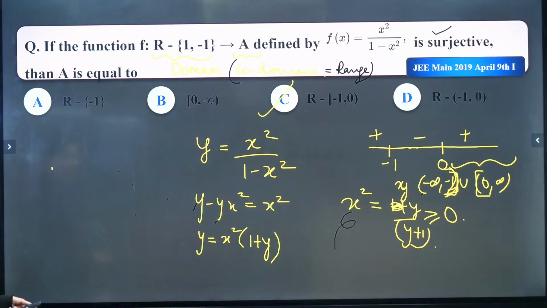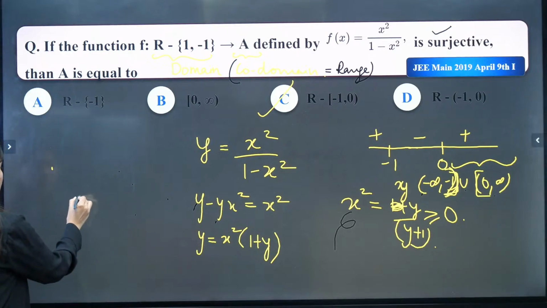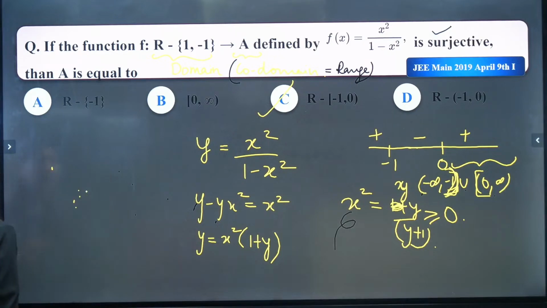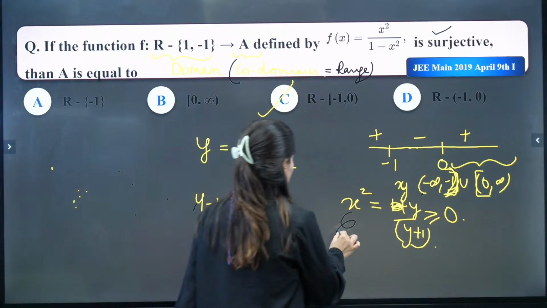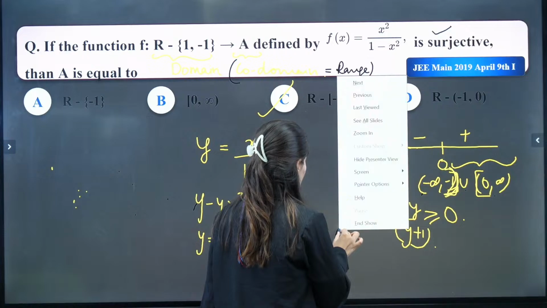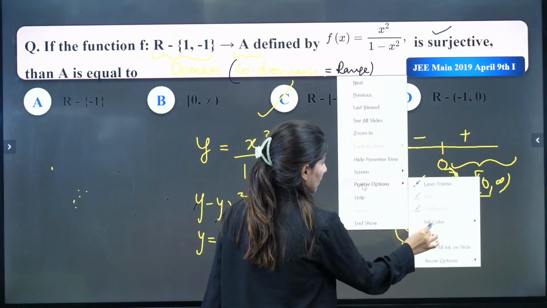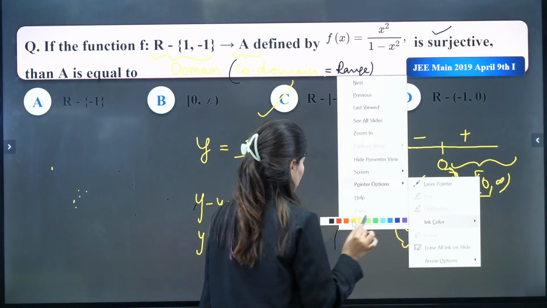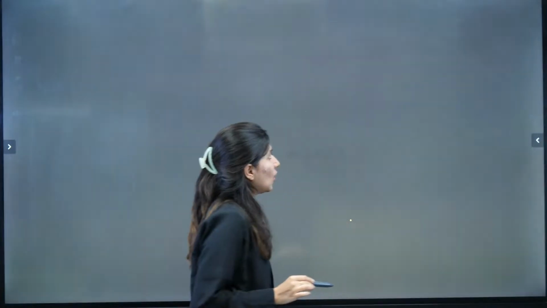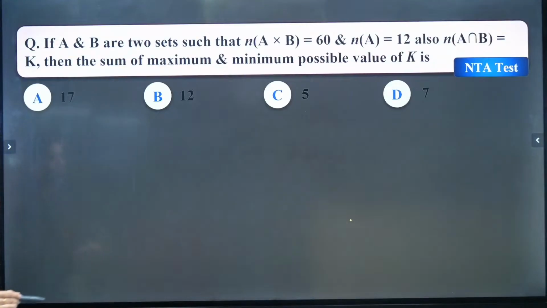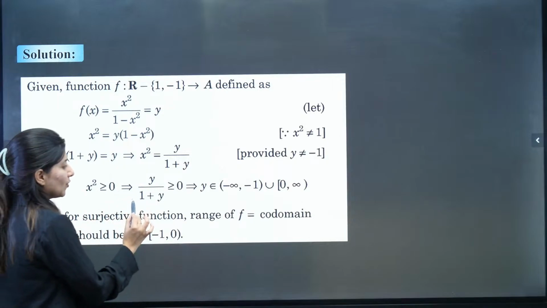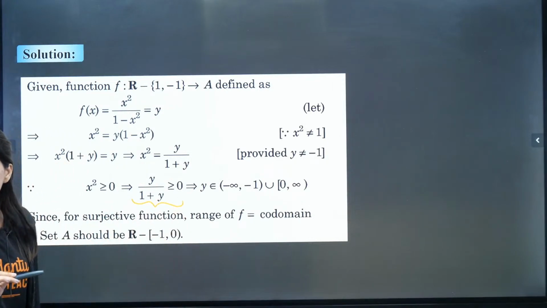Okay. I hope that this question is clear to you. All right, let us move on to the next problem. So this is it: y upon 1 plus y greater than or equal to 0.